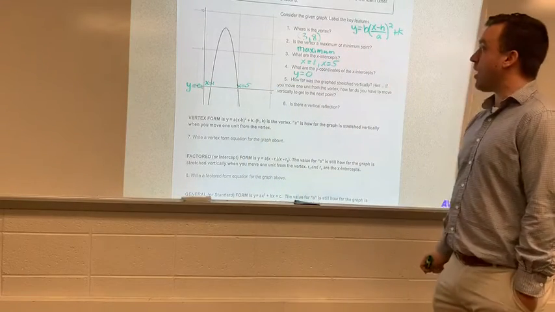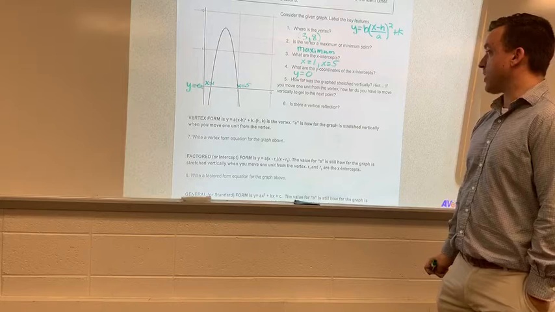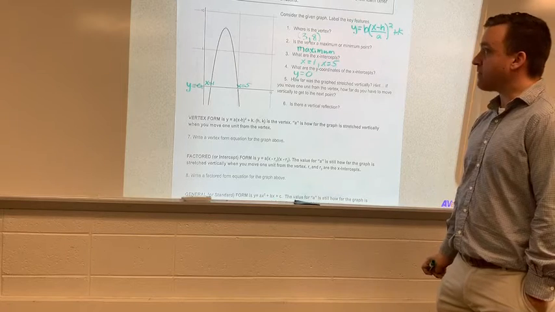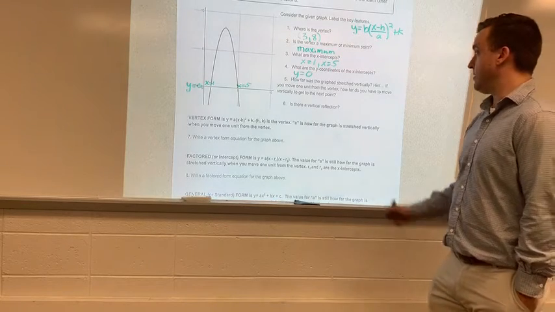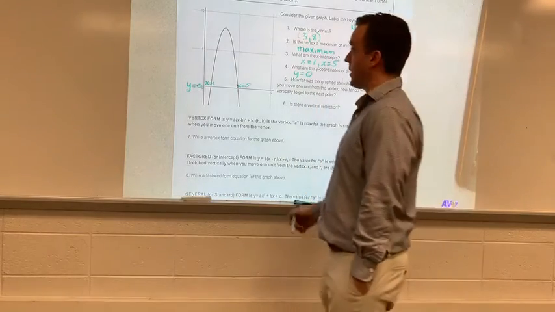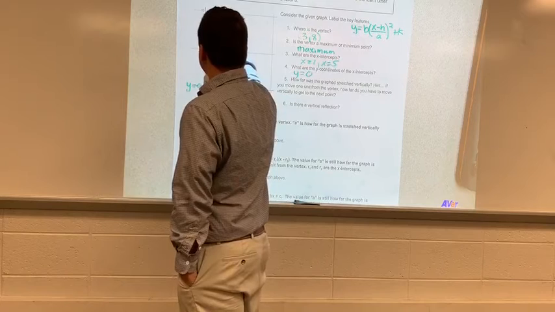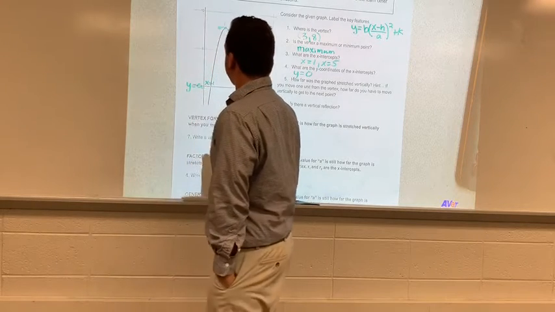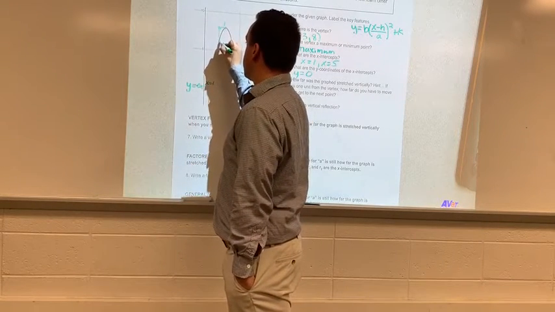So how far was the graph stretched vertically? How far vertically do you have to get if you were to move vertically one point to get to the next point? So as we see, as I move over 1, I'm actually stretched 2.